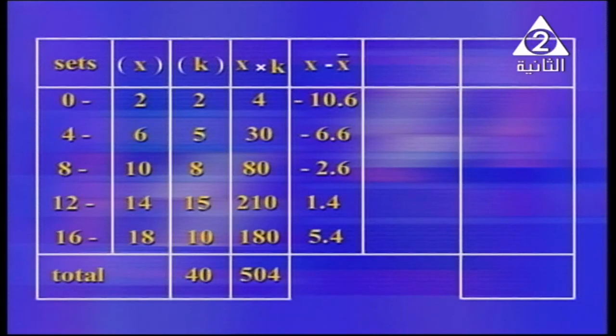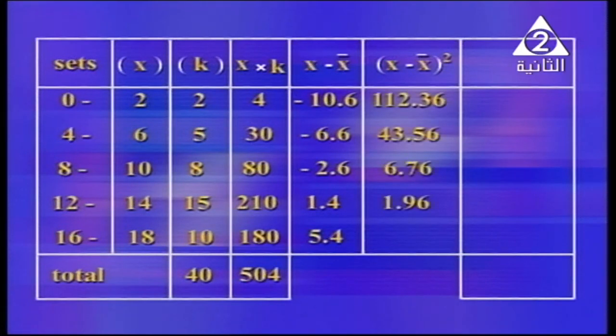Then the next step is x minus x bar all to the power of 2. It means that the last column will be all squared. It means that negative 10.6 will be squared. So to the power of 2 we obtain 112.36. What about negative 6.6 all to the power of 2? It will be 43.56.